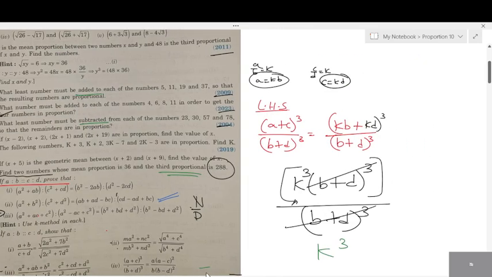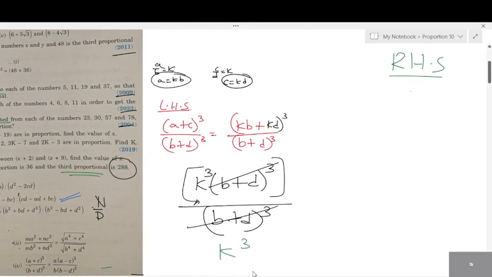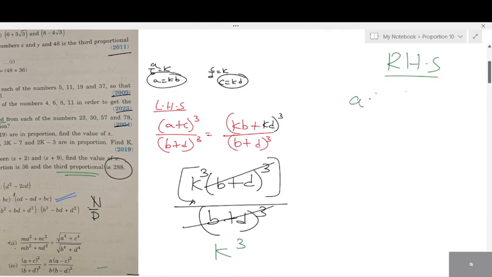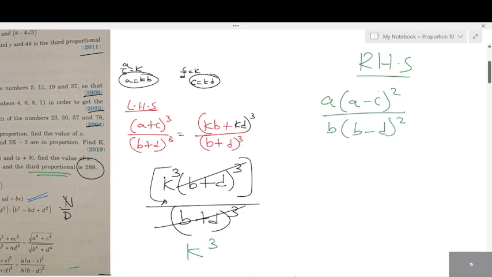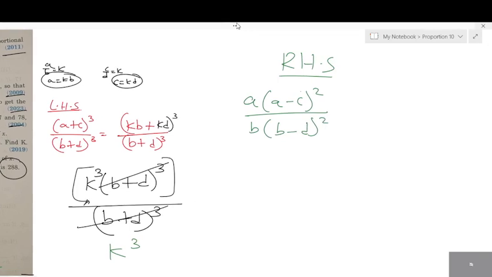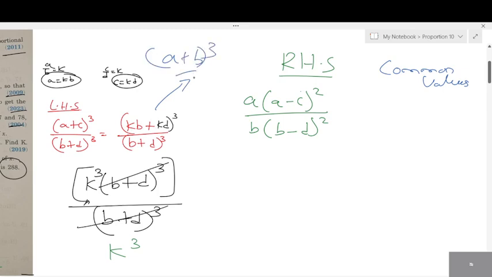RHS. What's the formula? a into a minus c the whole square divided by b into b minus d the whole square. Like this. See, the first concept in proportion, what's the first thing I told? After solving all this, what do you have to take out? The common values. Try to remove the common value. So just by looking at this, don't try to write a plus b the whole cube, a minus b the whole cube.